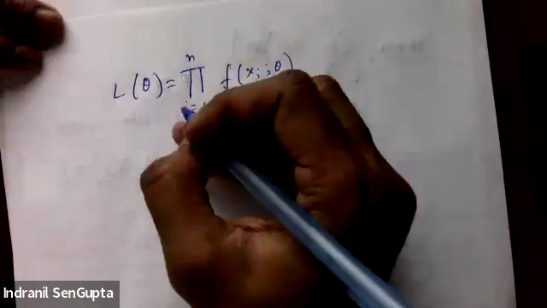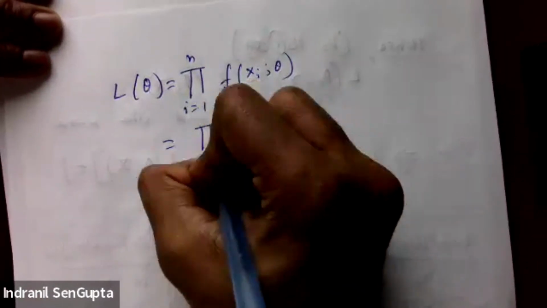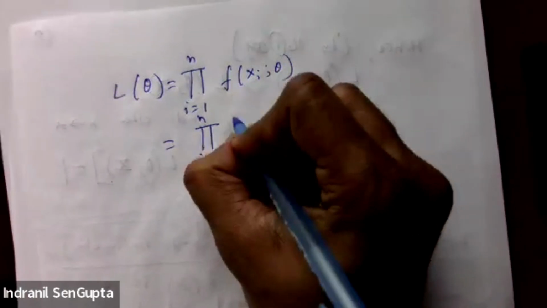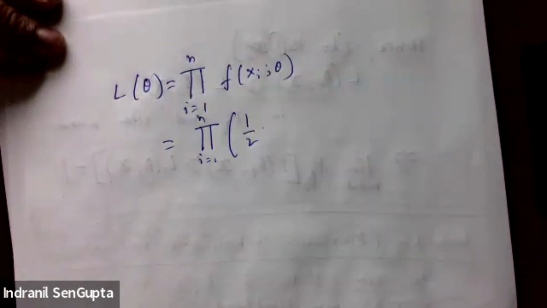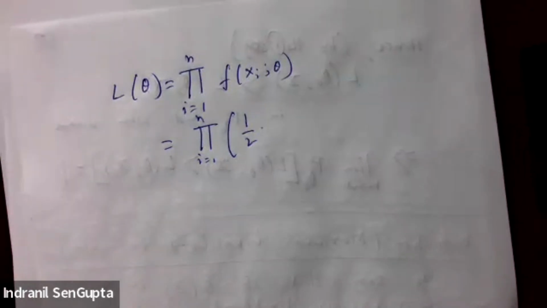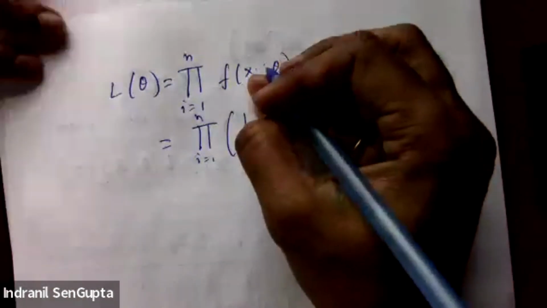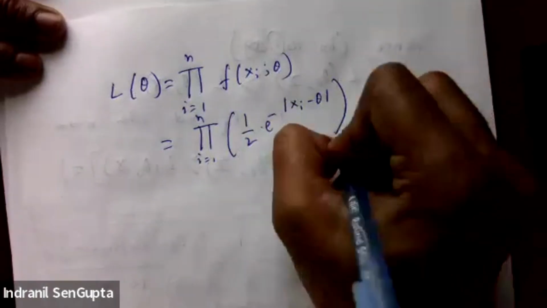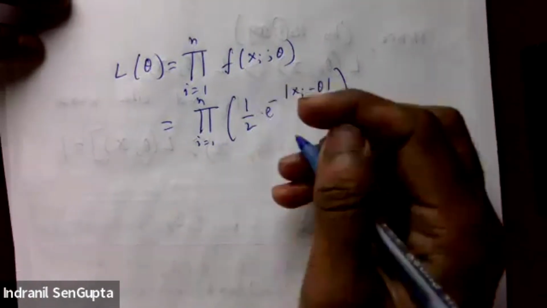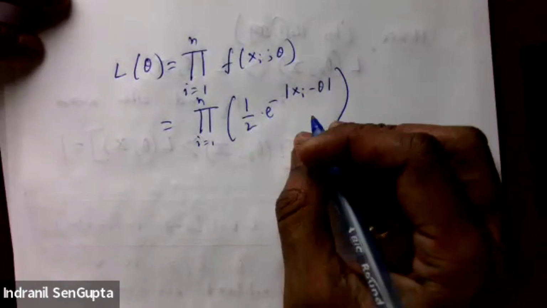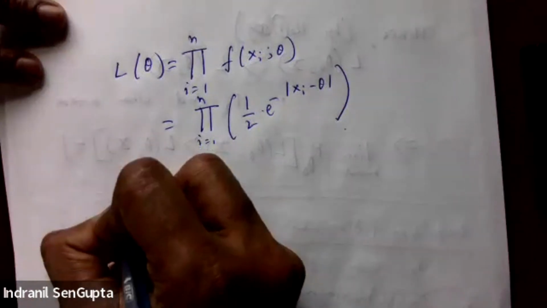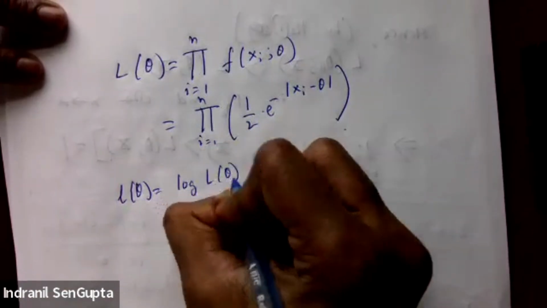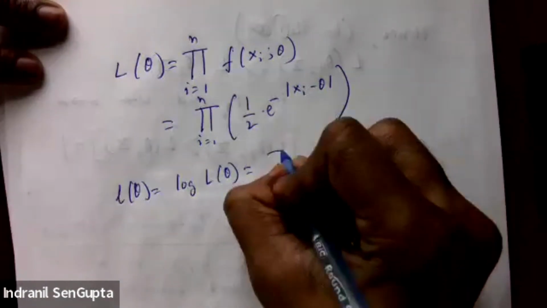So in this case, it's going to be the product, i from 1 to n, of 1/2 times e to the minus |xi minus theta|, right? So let's compute the little l of theta, which is the log of L of theta, which is the summation of all this, because it was a product.